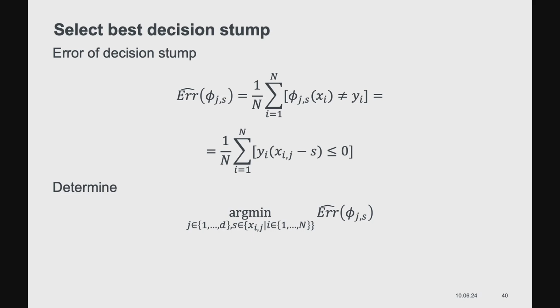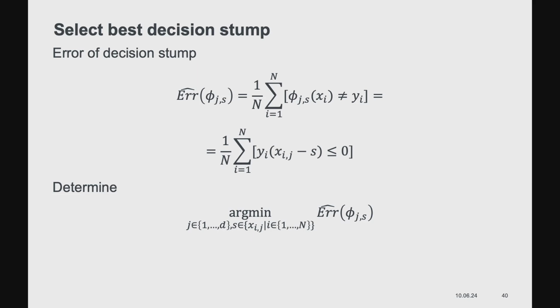And now what we want is to find a decision stump, phi_js, with the right polarity and some index that looks at the different attributes, and with a threshold. And so among all the possible attributes, among all the possible thresholds, and for the thresholds, actually, we don't look at all the possible real numbers. We only look at those numbers that actually exist in the data set for this particular attribute.